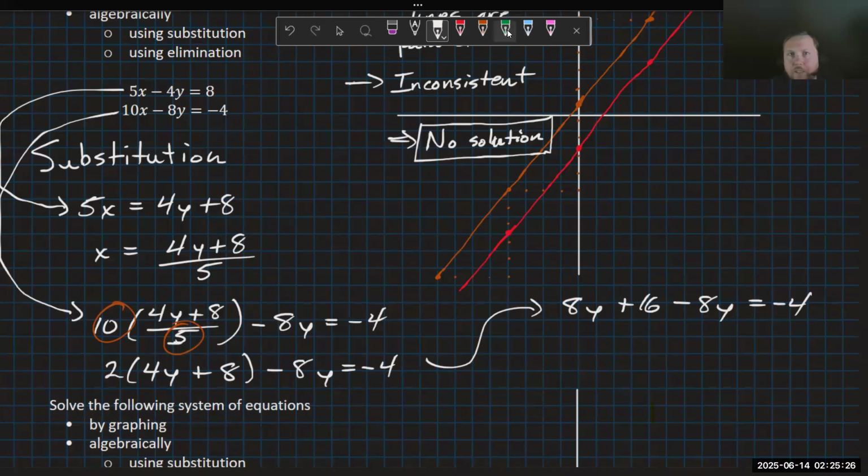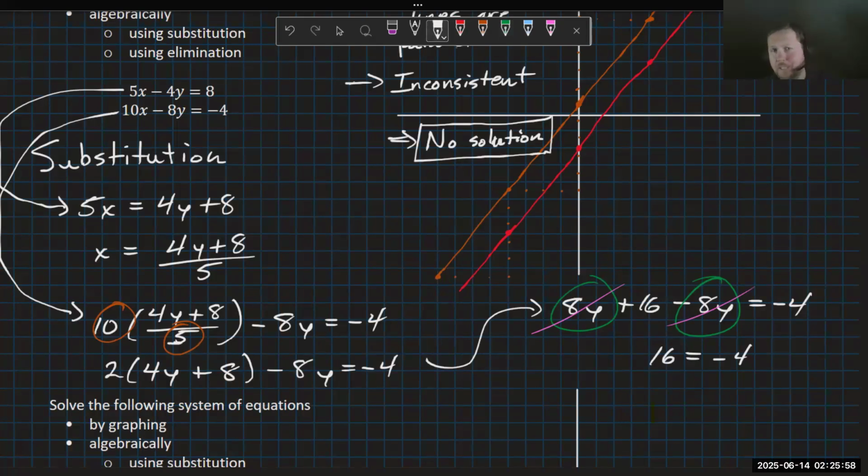Well, that's kind of interesting. I have an 8y here and an 8y here. How about that? Note that one's a positive 8y and the other one's a negative, so those are going to cancel out. So now on the left-hand side, all I'm left with is 16. So 16 is equal to negative 4.